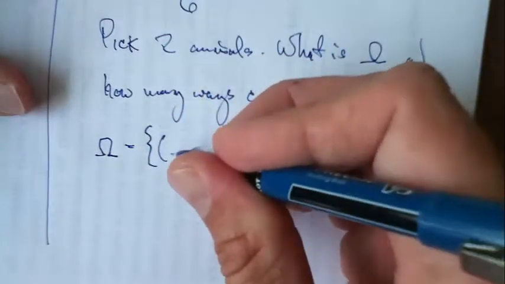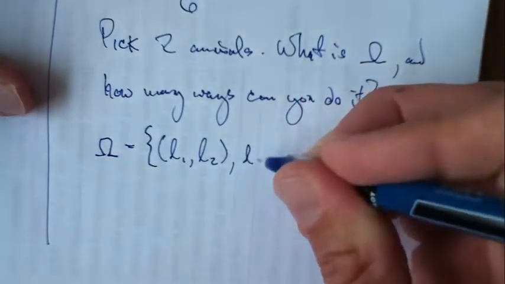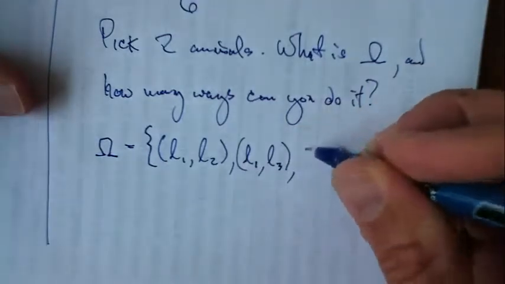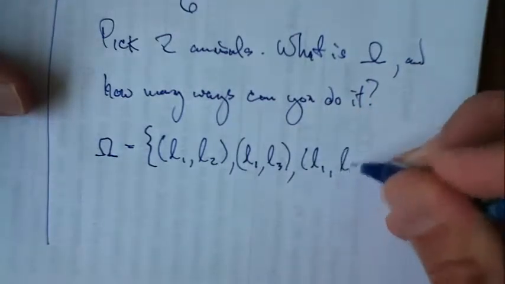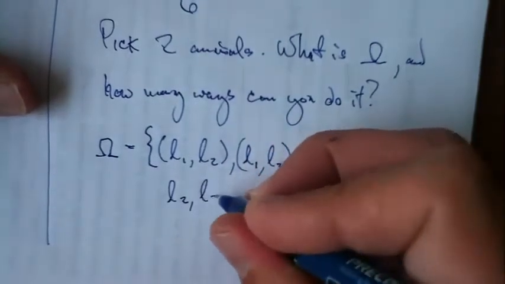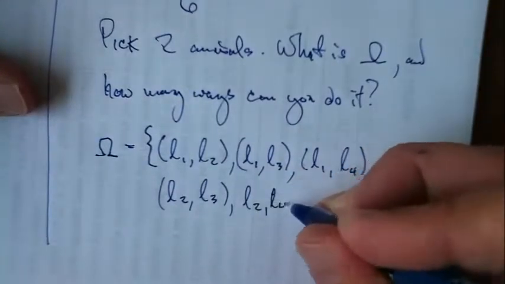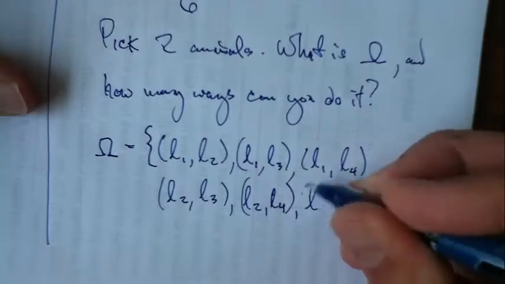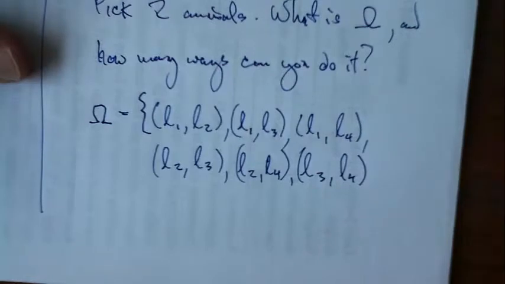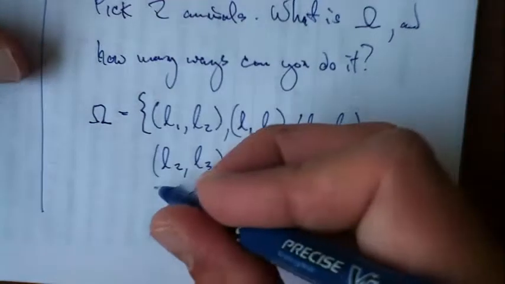I could pick 2 lions, right? Or I could pick 2 lions, and so on, through all the pairs of lions. Or I could pick 2 bears.